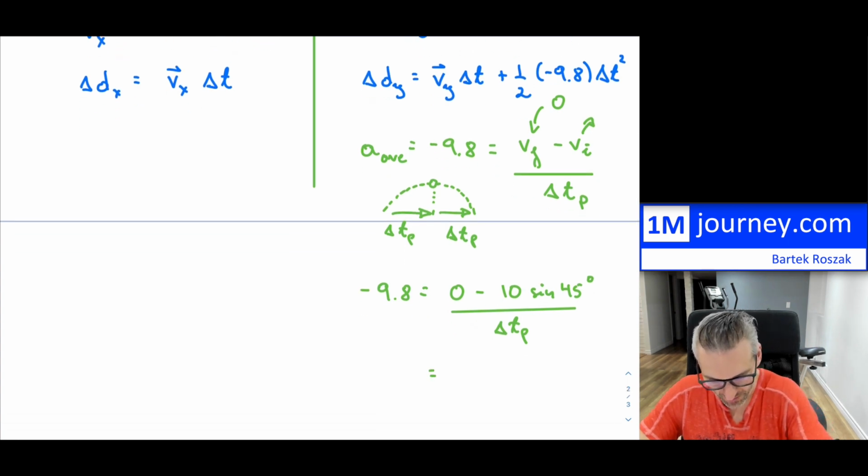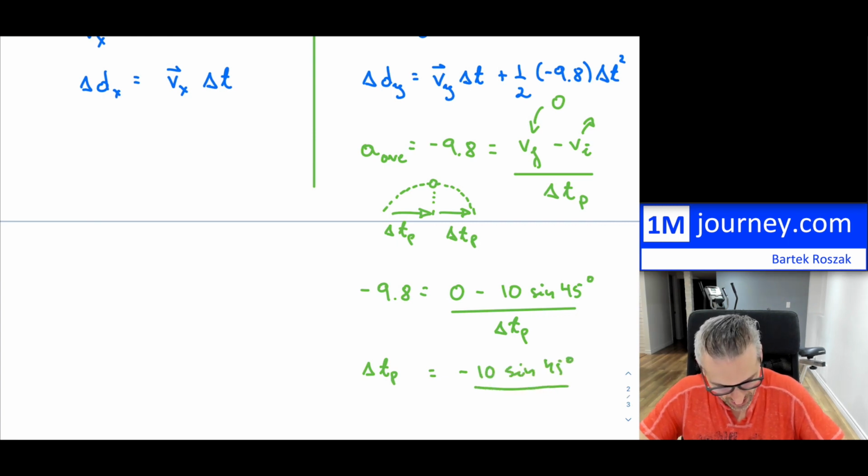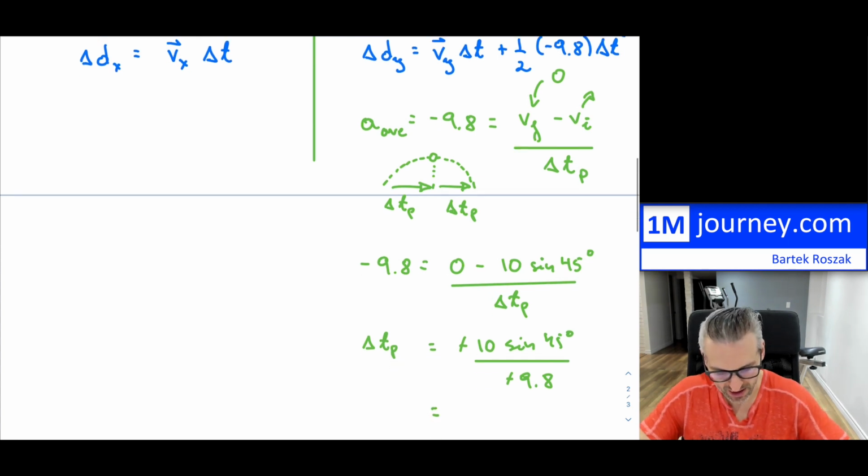I can bring this delta t to the other side. So delta t, a little p, would be nothing else but negative 10 sine of 45 degrees divided by negative 9.8. The negatives would cancel, and we would know exactly how long this has taken us.